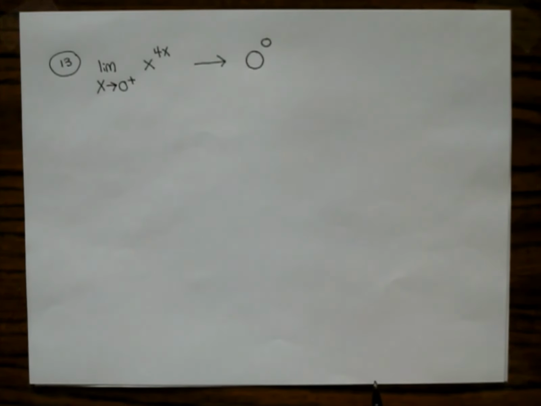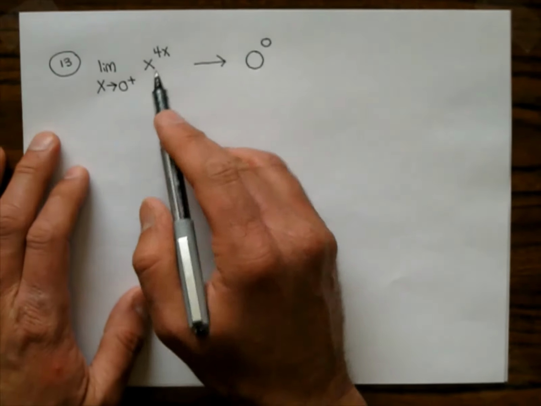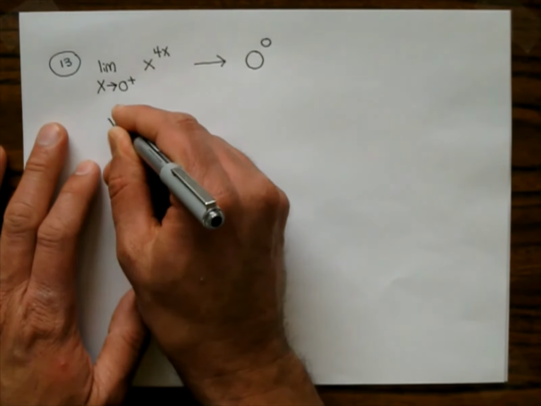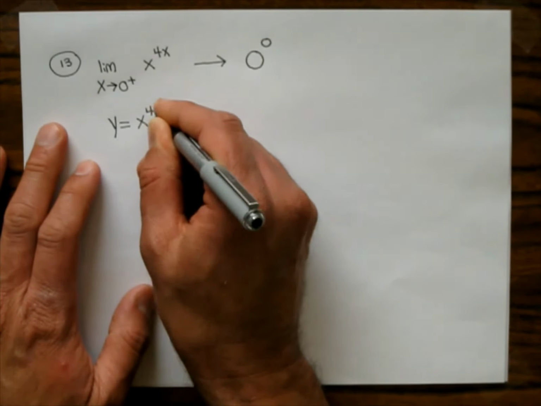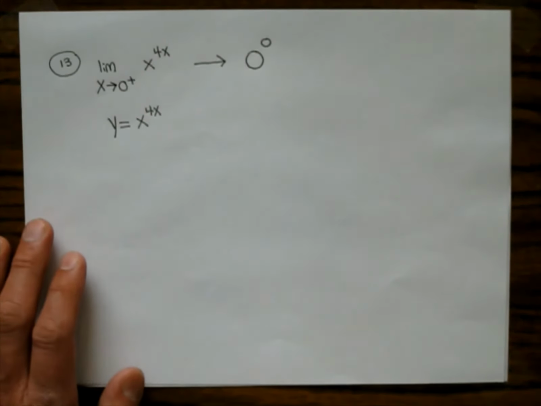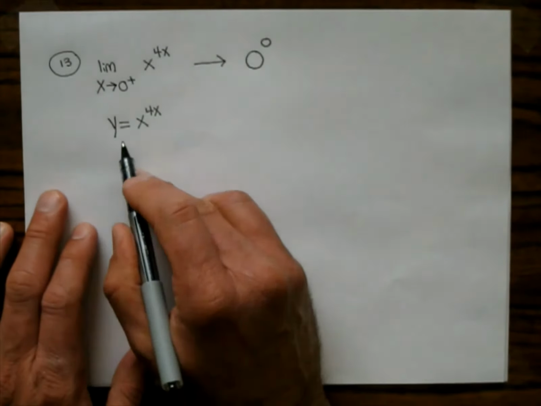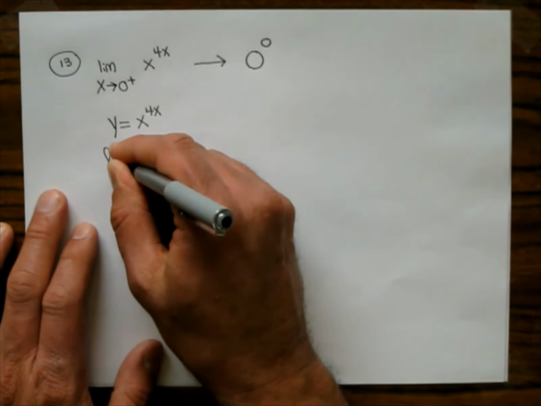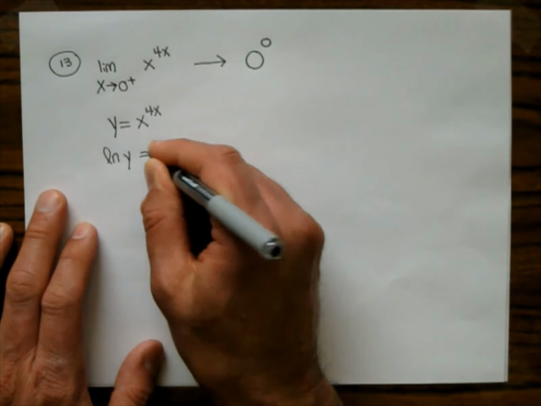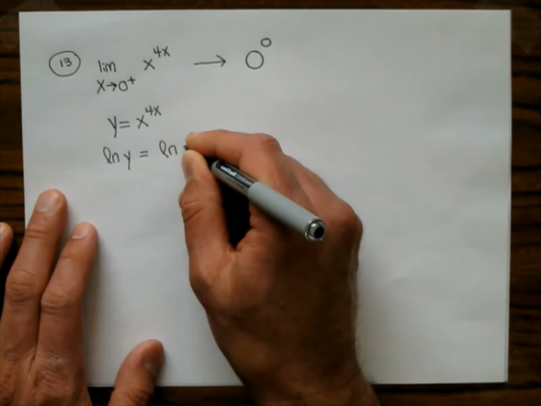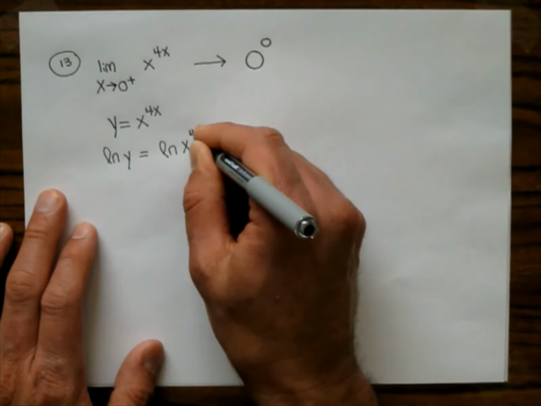So what am I going to do with this? I'm going to do this very carefully. I'm going to say that y equals the thing that I'm going to take the limit of. Okay, now I'm going to take a natural log on both sides of that. So ln y equals the ln of x to the 4x.